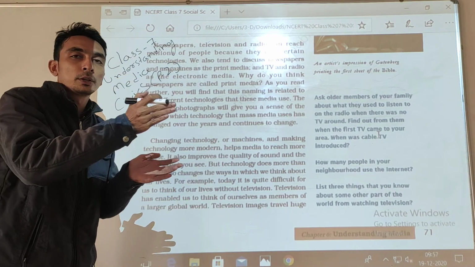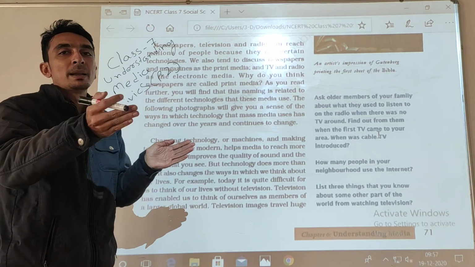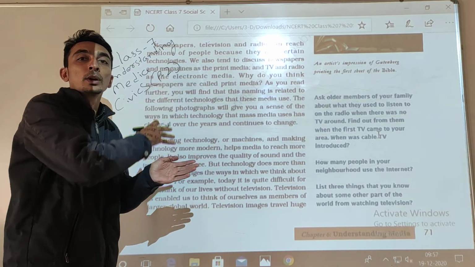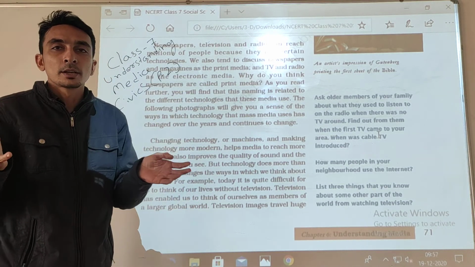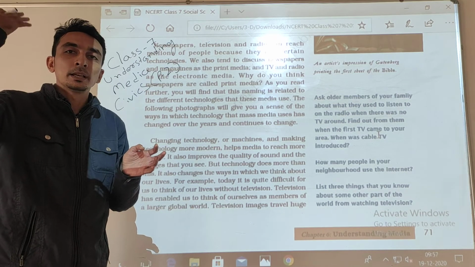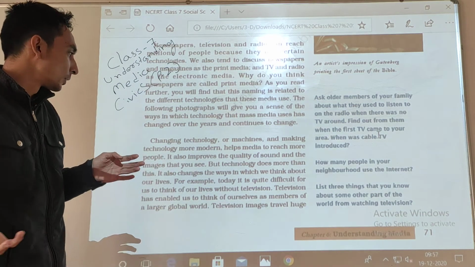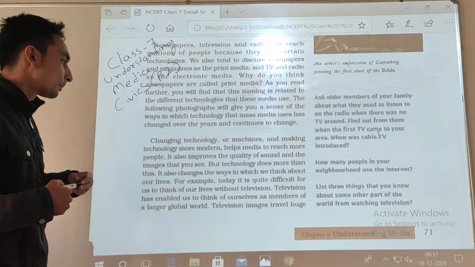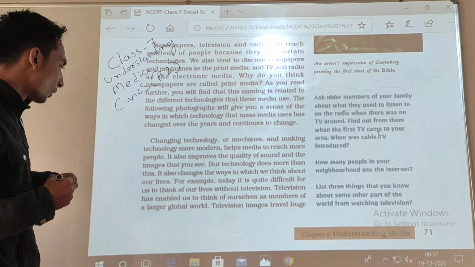So you can see the changes from black and white to colored to HD and 4K. And one doesn't know what is next. It is also improved, but technology does more than this.